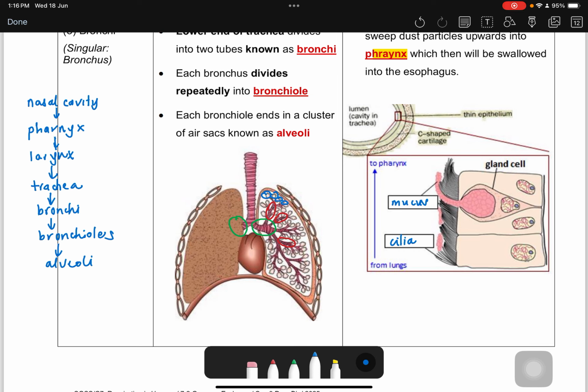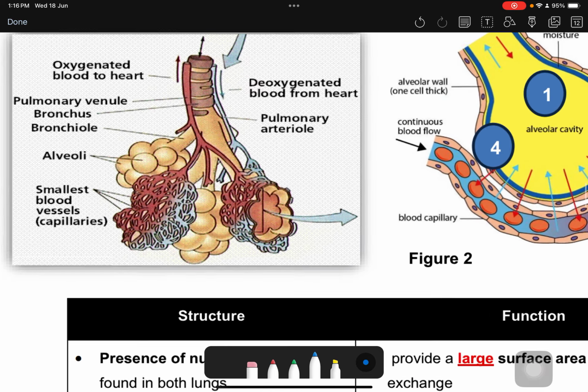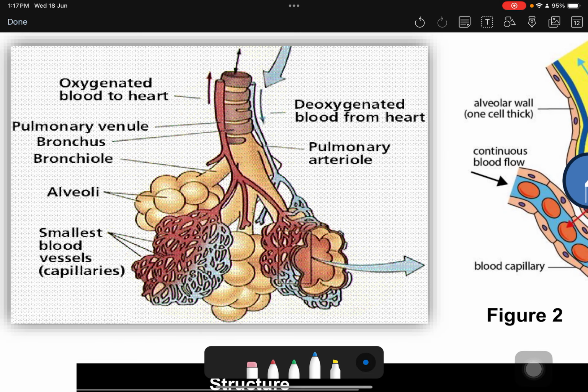We'll now move on to the structural adaptation of the alveolus. We'll zoom in to see how exactly each air sac looks in the next segment before we talk about gaseous exchange. So this picture over here is really helpful. Let me just orientate you a little bit.